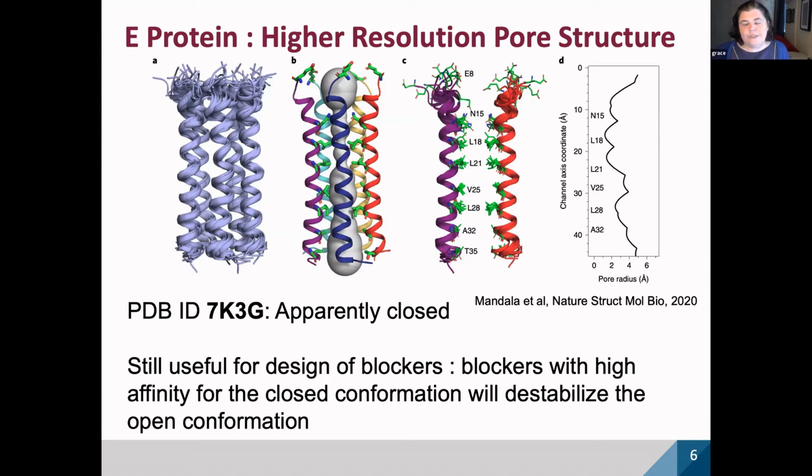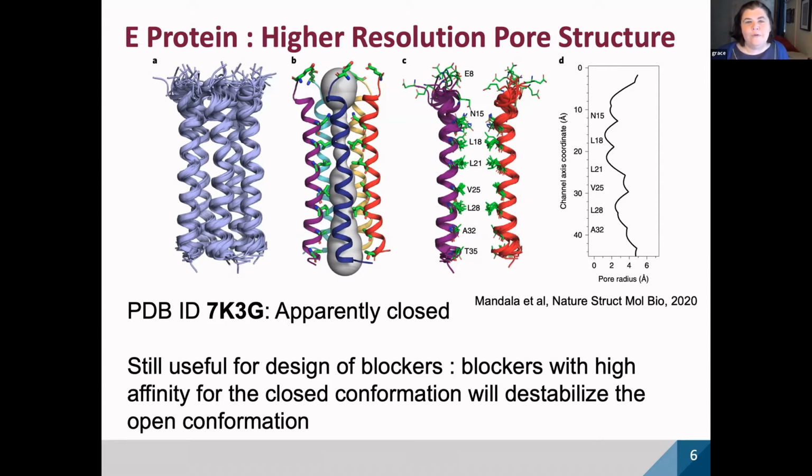It might be natural to think that this structure is therefore not going to be that useful for the design of blockers. But one of the things that we know from the design of blockers for other ion channels, and indeed for anesthetics, where we would prefer they don't block ion channels and sometimes they do, is that it's actually pretty common for blockers to have a high affinity for the closed state. And this is fine. It's actually good, because what happens then is, in a kind of negative allosteric modulation, it destabilizes the open conformation.